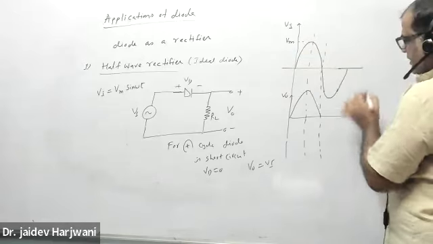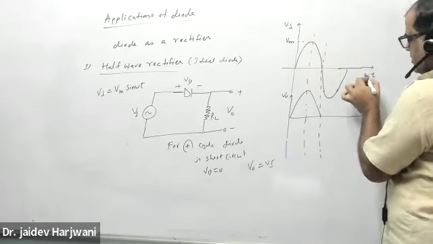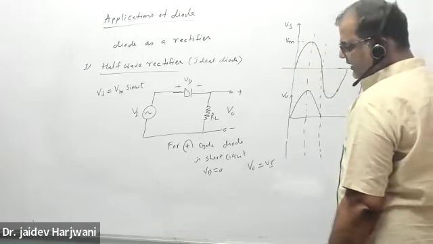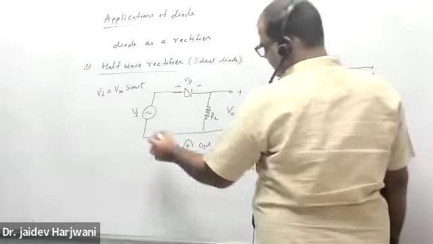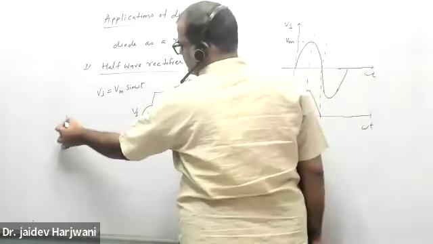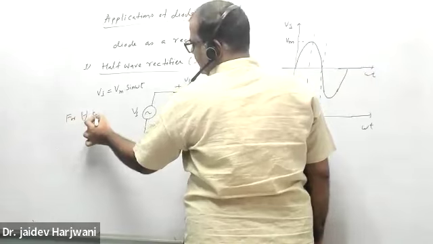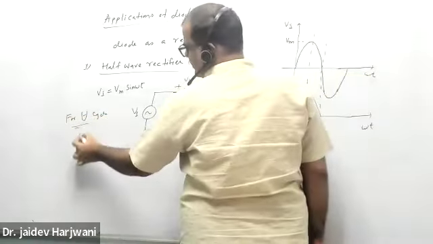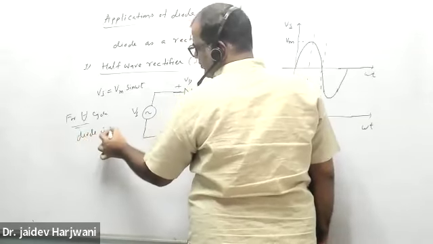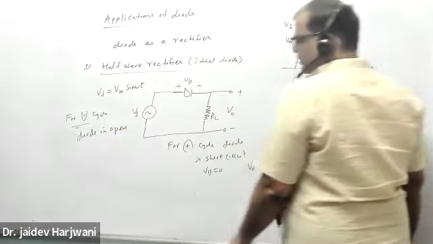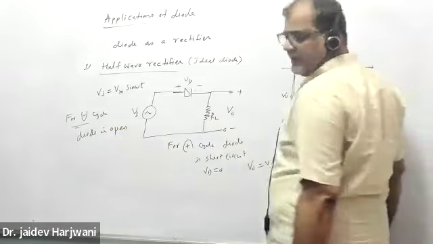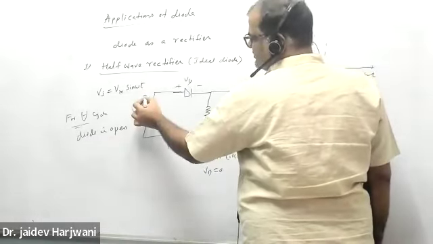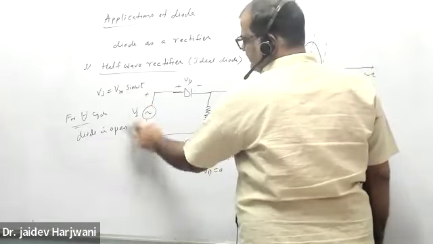Okay. And when you are applying negative cycle, this diode will become open. Diode is open, so no current can flow. Negative cycle, always you remember, the positive cycle means this part is positive and this part is negative. For negative cycle, what will happen?